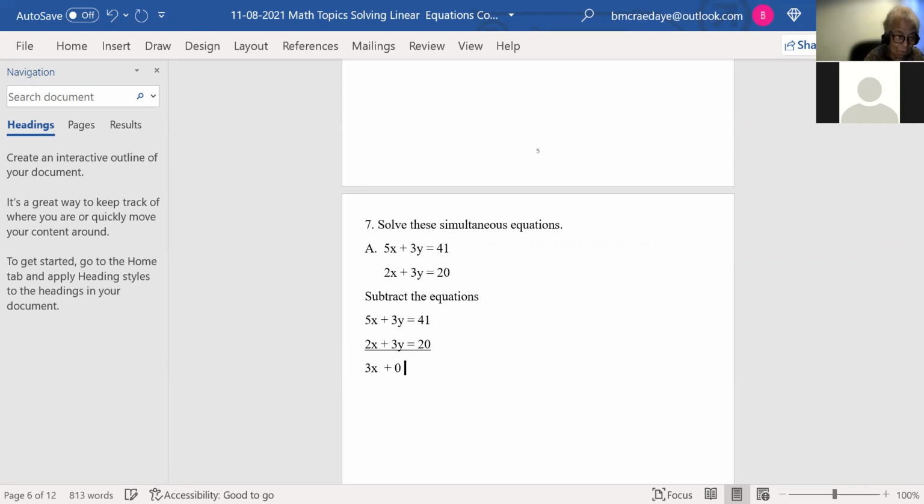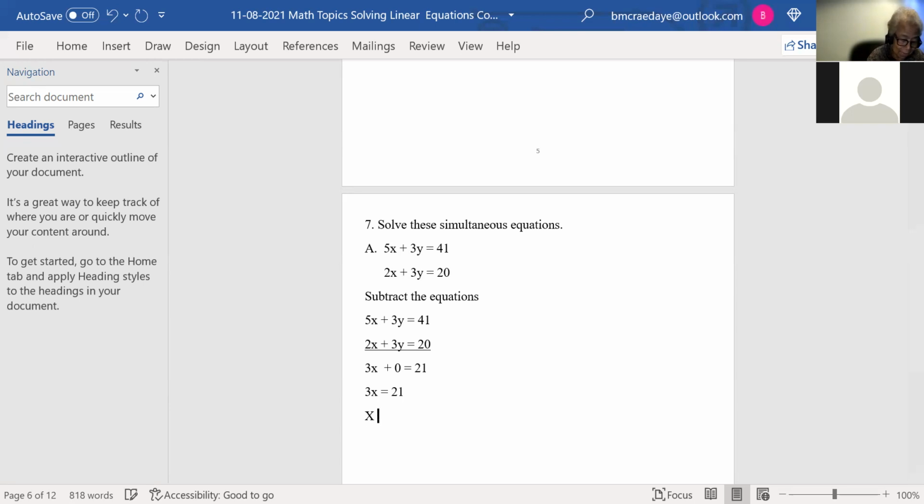And 41 minus 20 is 21. Okay. So what we have is 3x plus 0, which is just 3x, equals 21. Now, only one number multiplied by 3 gets 21. What's that number, Maureen? 7. So that's our answer.